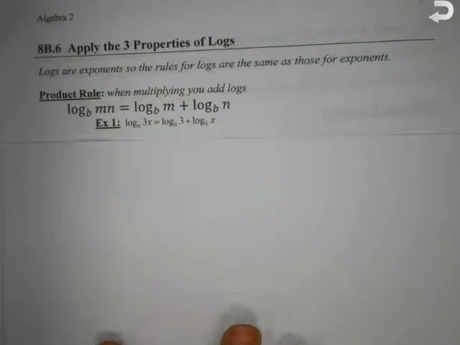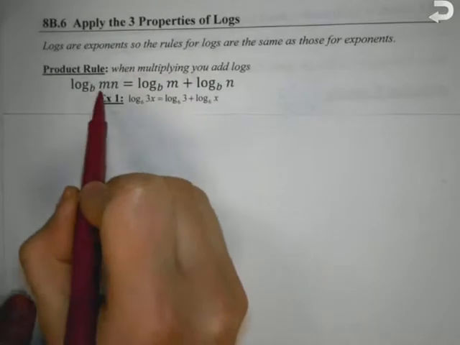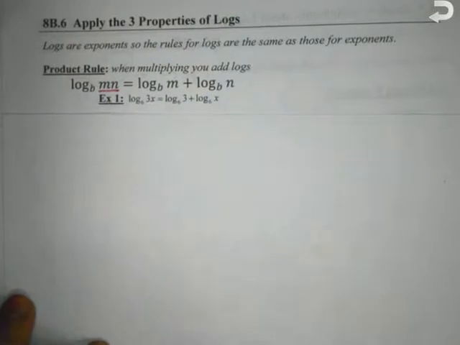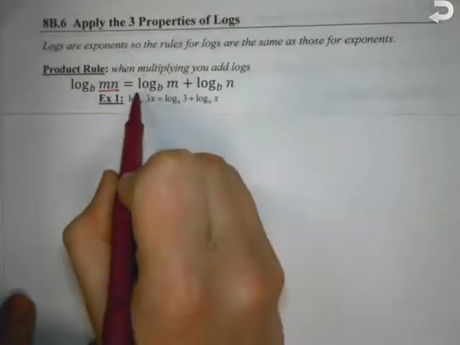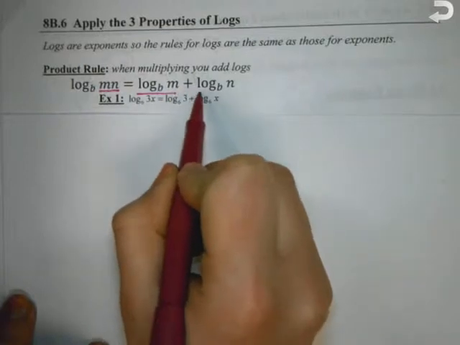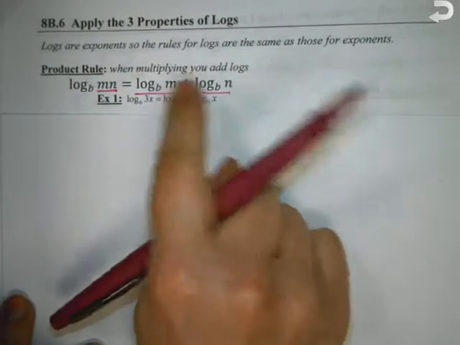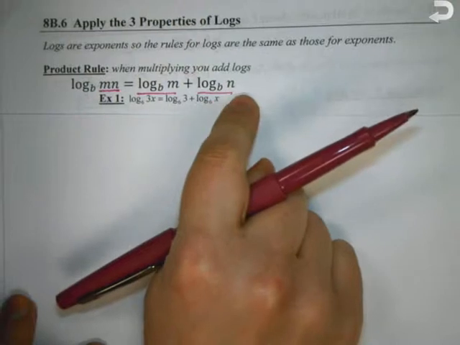The first one is the product rule. Okay? So if we are ever given a log base b of 2 numbers being multiplied together, so in the general terms it's m and n, then that means we can also rewrite it as log base b of m plus log base b of n. So we keep that base, but we can separate the logs by addition.